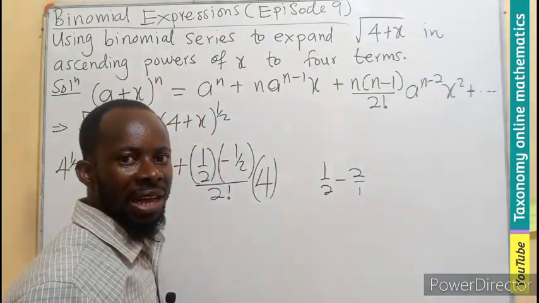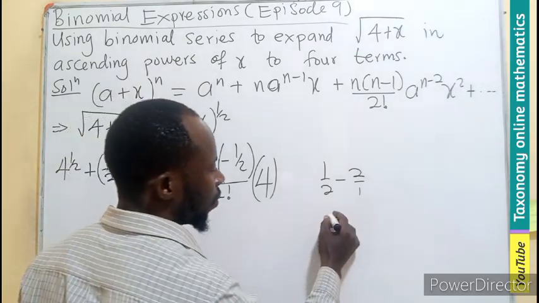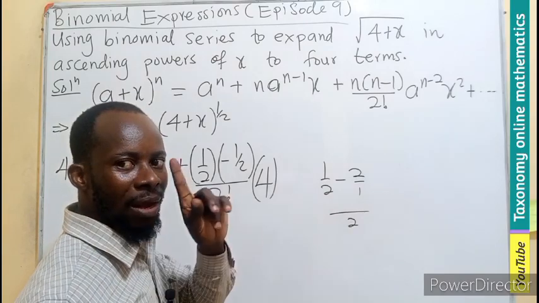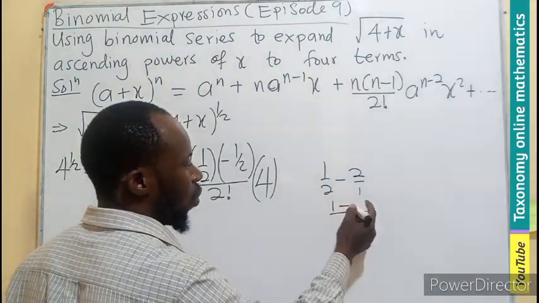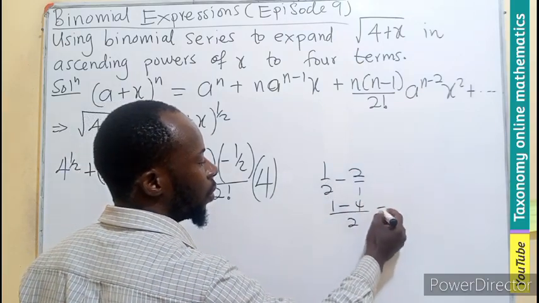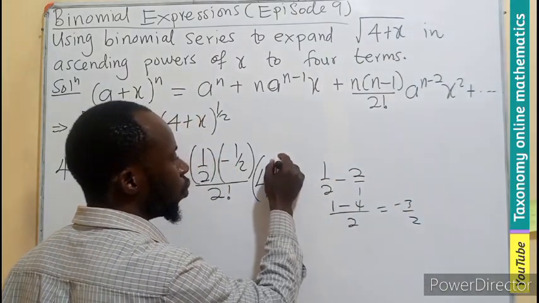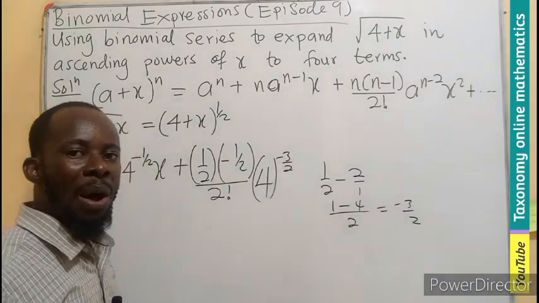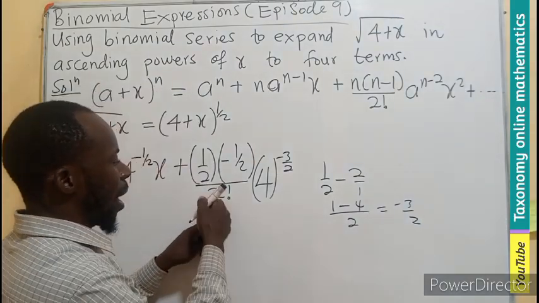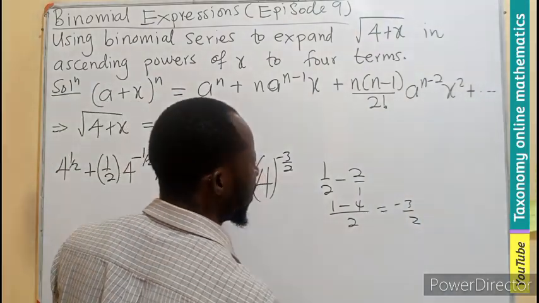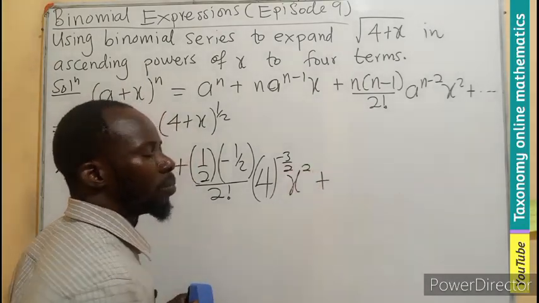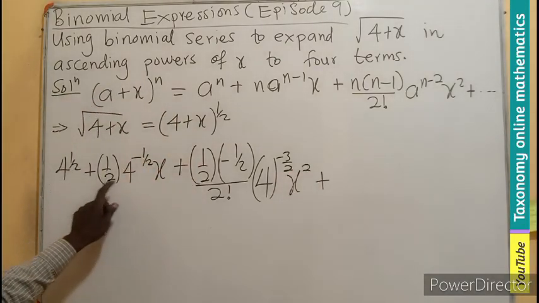We know there is a fraction of 1 under it, so we take the LCM of 2. 2 goes here, 1 times 1 will be 1; 1 goes here, 2 times 2 will be 4. So negative 3 on 2 is the power of the 4. Then the x will take the power of 2, which is the factorial. So we have x to the power of 2.